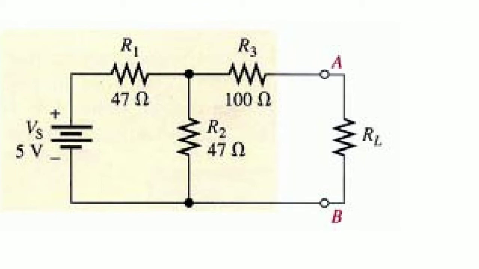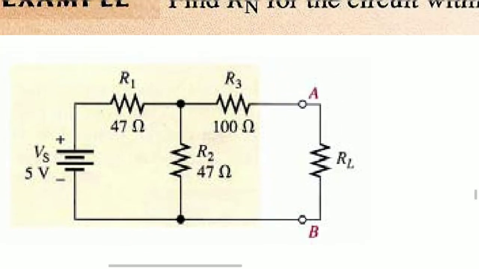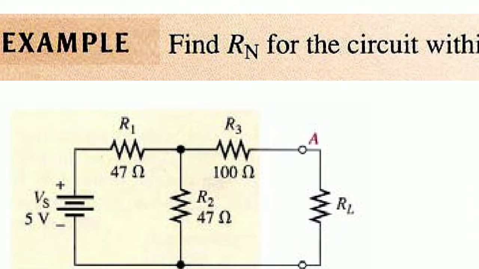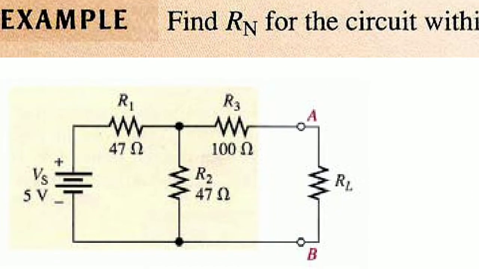RL is not given, so we have to determine Rn from the A and B terminals.